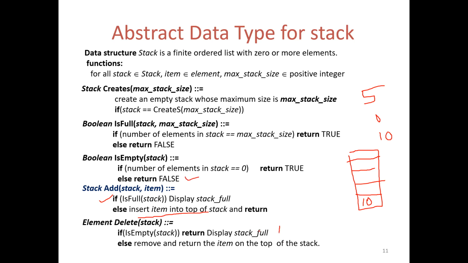So the stack is not empty. That means this element can be removed. If stack is not empty, that indicates that at least one element is in the stack, the top element can be removed. After the operation, again you have to update the stack top value.